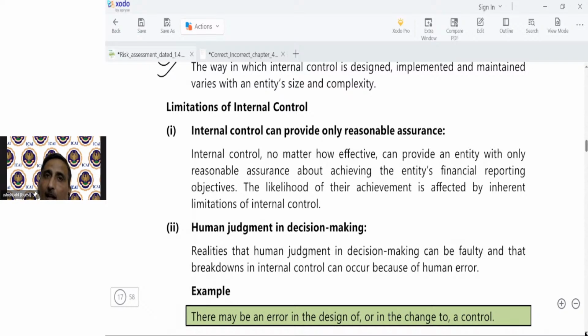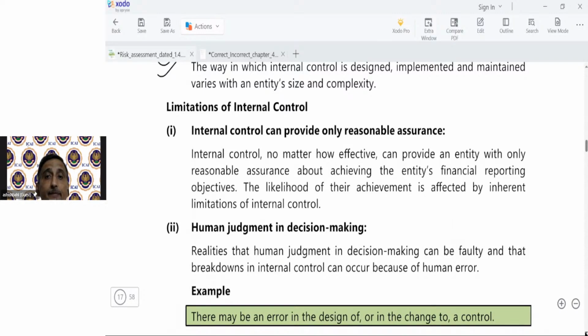But if you remember the definition correctly, then you would be able to write at least 2-3 limitations by yourself in the exam. You can make it yourself and you would be given full credit, because what you would be writing would be logical.